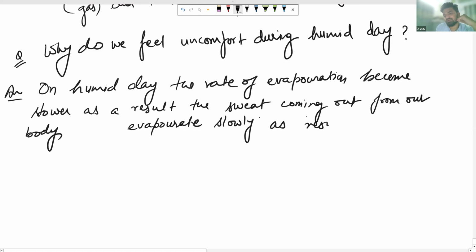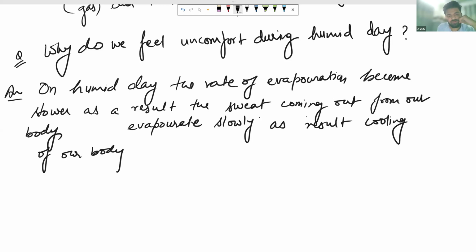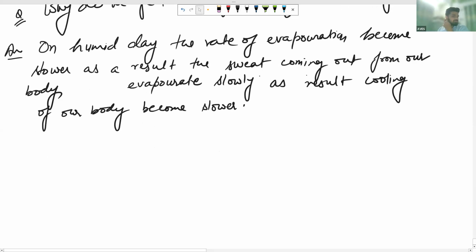As a result, cooling becomes slower. Okay, note it down.